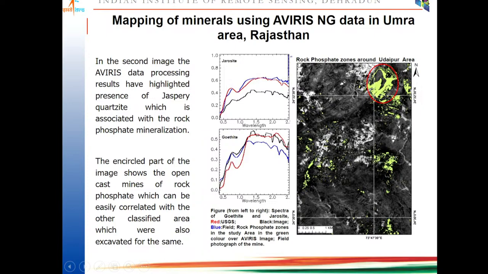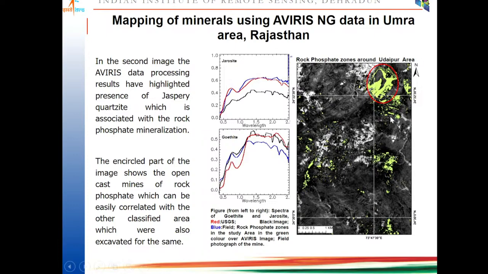When I went to the field again after a few months, after doing my pre-field analysis, I found that the areas marked as rock phosphate in this classified image were areas where they have done some quarrying for the rock phosphate itself, but the percentage is not that high to be economically viable.